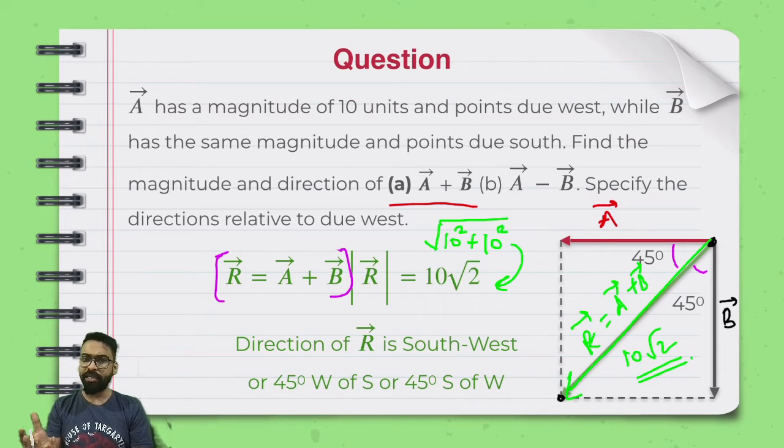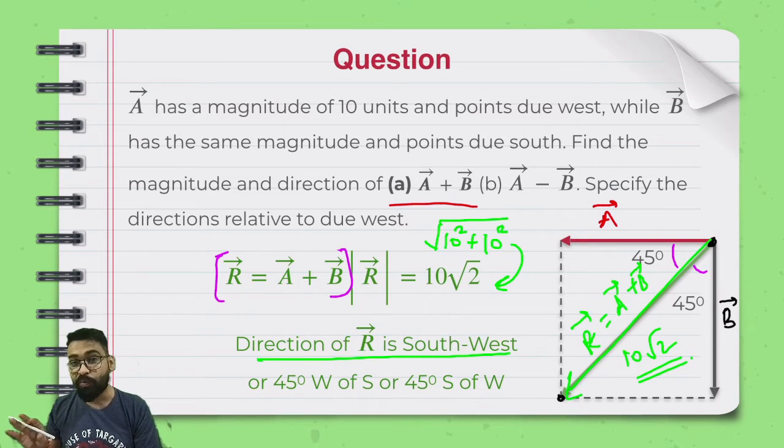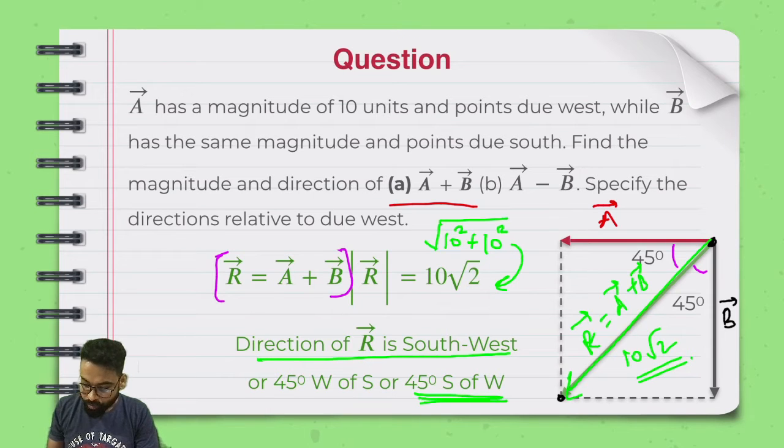And if you want to tell the direction, you can say either this is southwest, but since we were asked specifically with respect to west, I would say this is the answer we are looking for. 45 degrees south of west. That is, if this is west, this is 45 degrees towards the southern direction of west.